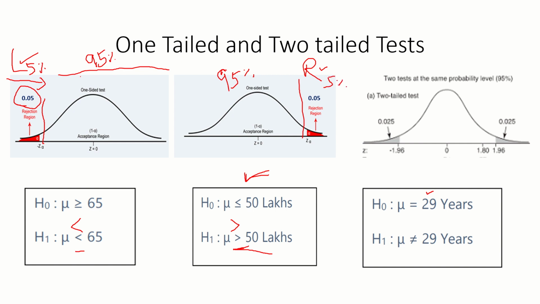But in this scenario, when it is 5%, in the case of a Z test, the cutoff has to be 1.645. The left side has to be minus, but this side has to be plus 1.645.